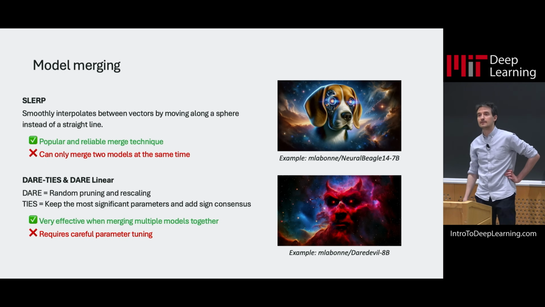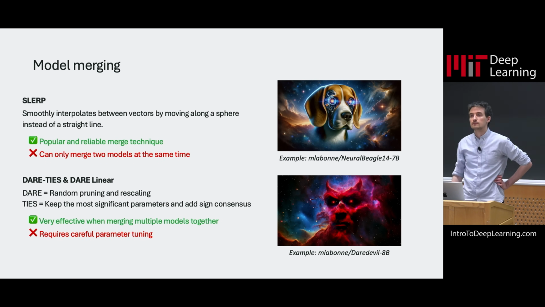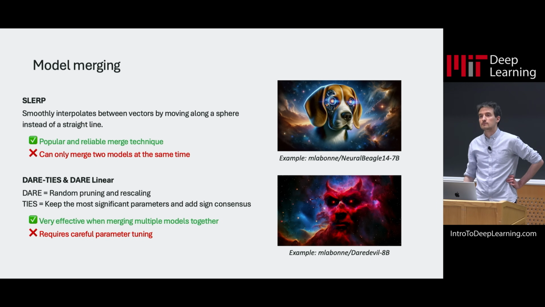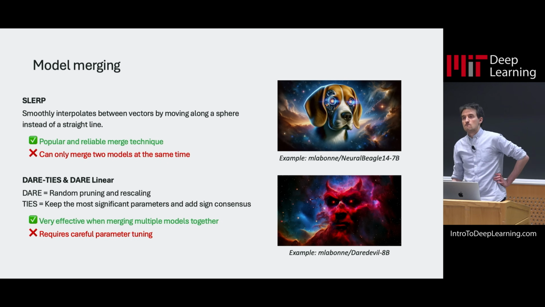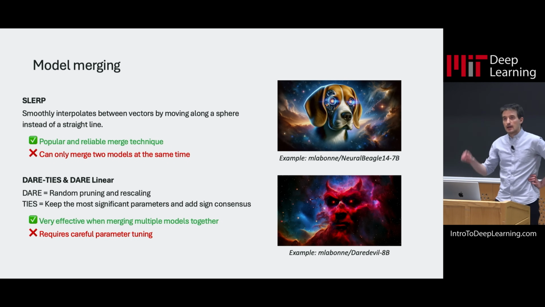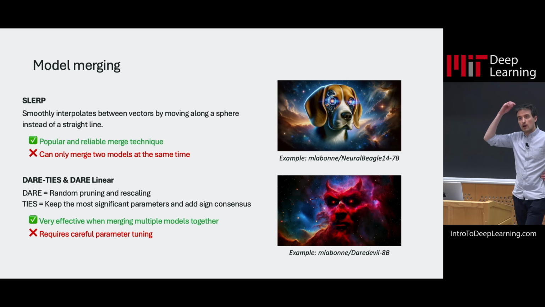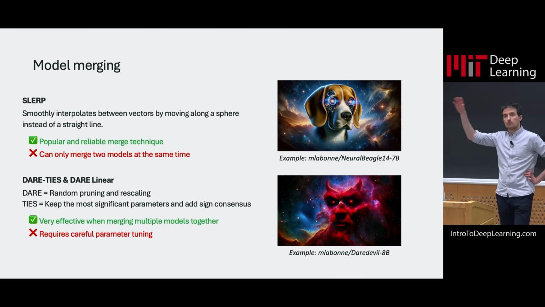Yes? What if the 2 models are in different precision? For example, the first one is full precision and the second one is quantized, which actually has lower quality. Yeah, so the question is, what happens if we merge a model in full precision and a quantized model?